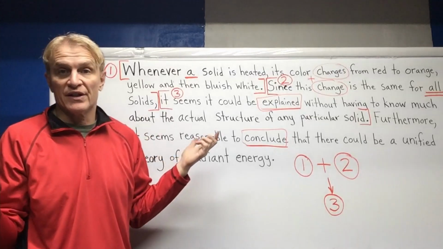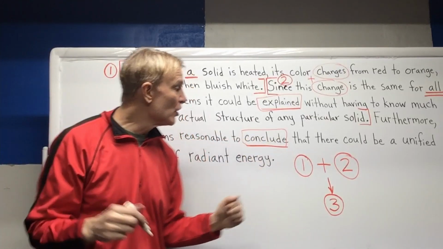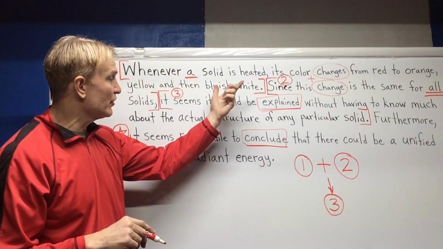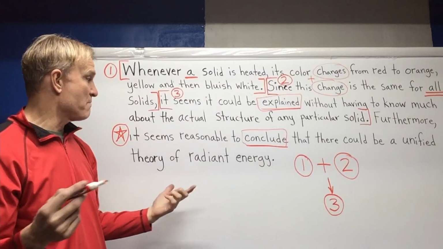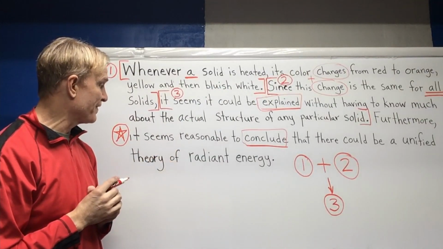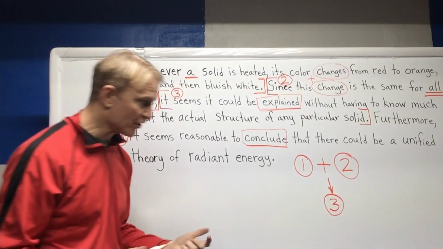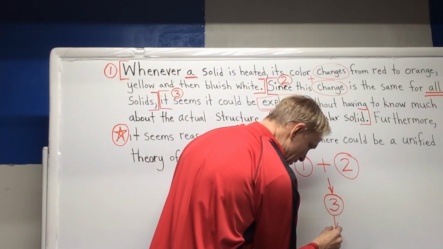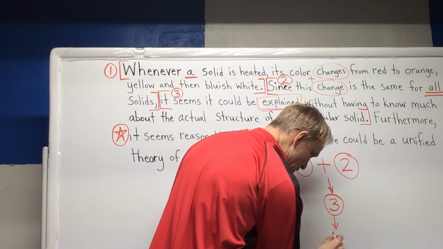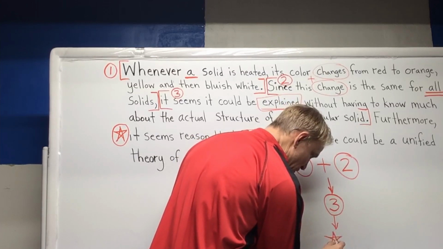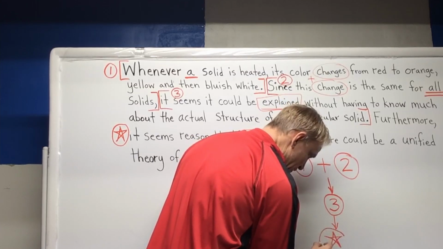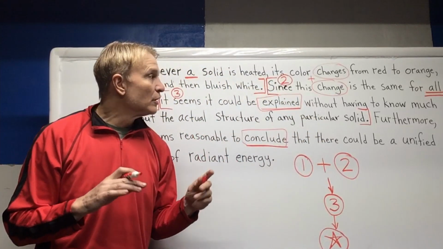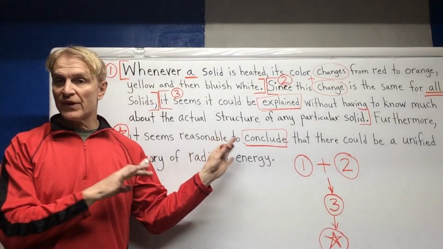All we have to know is that it is solid. So now, from 3, if I know that it's solid and it's going to do all of these things, I know that possibly I could make a unified theory of radiant energy, which is the conclusion. And that's where the arrow goes to the star. So that does it with this example.